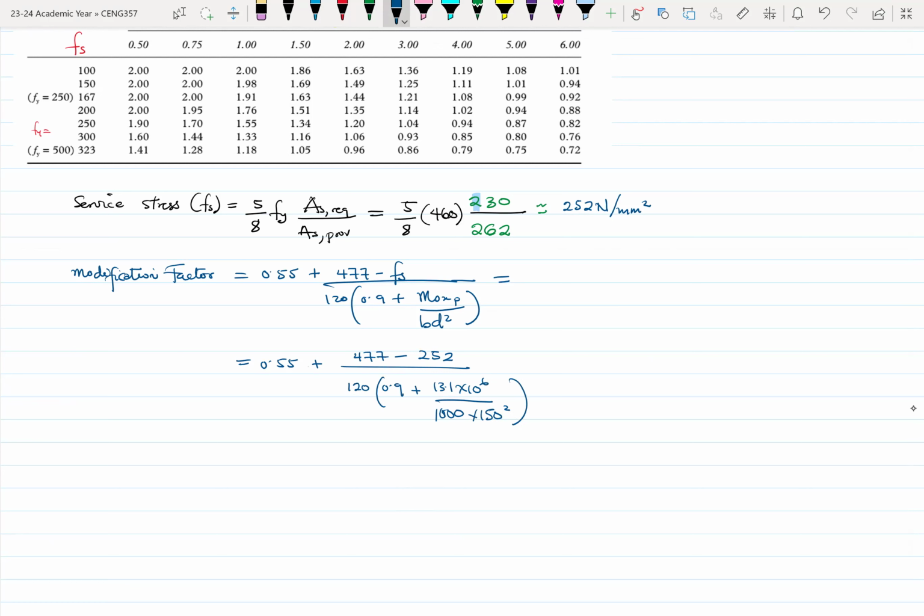So this is the equation. It looks kind of long, but it's fine. Let me just rewrite some of the items.